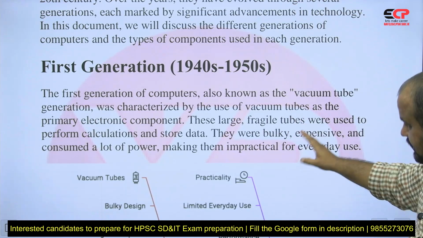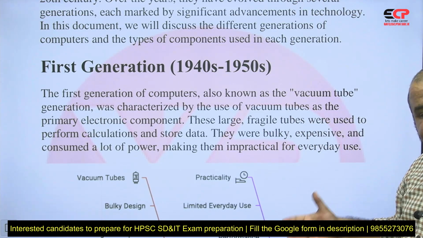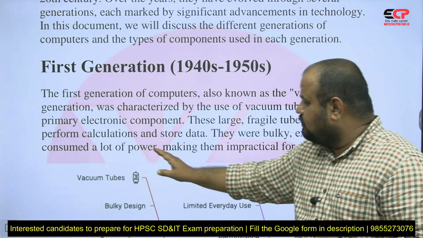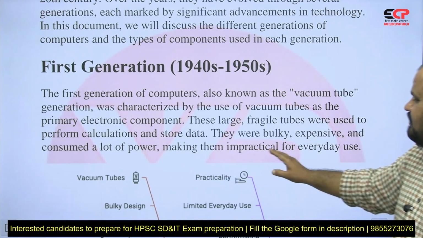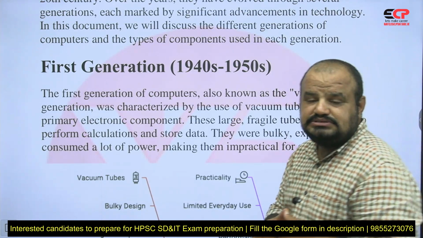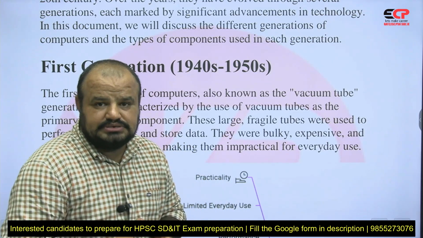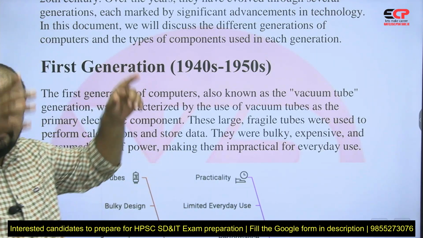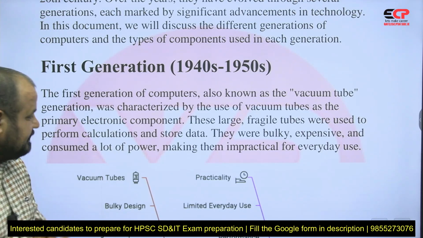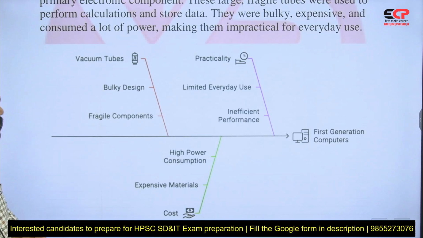They were bulky and expensive, and consumed a lot of power, making them impractical for everyday use. If you open the vacuum tube computers, you can see they are bulky in size, and their costs are very high. You have to make this diagram also.